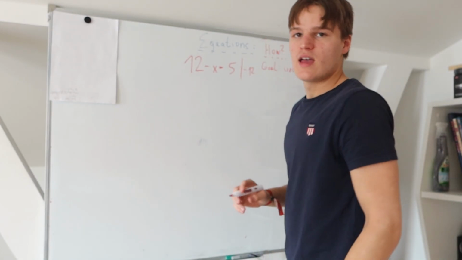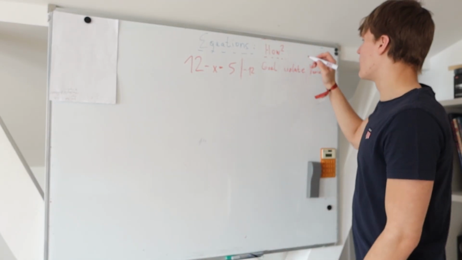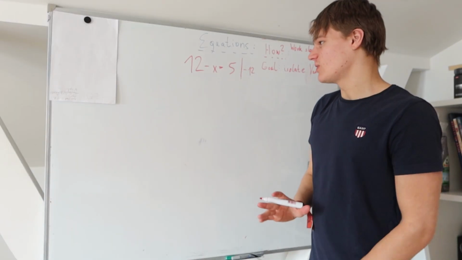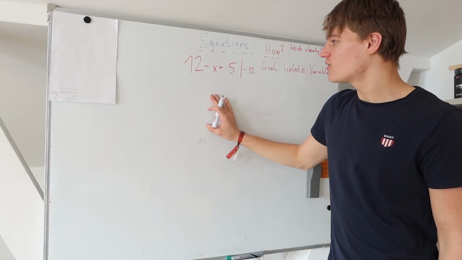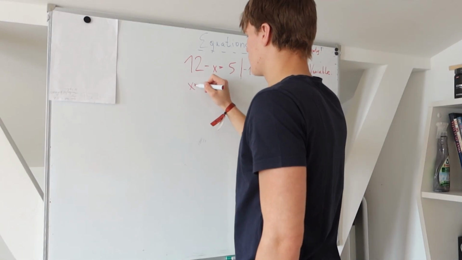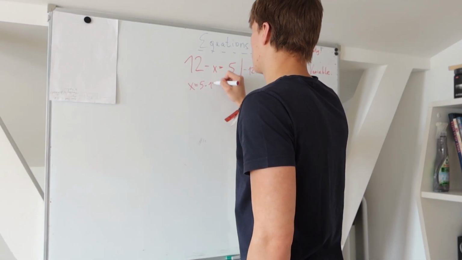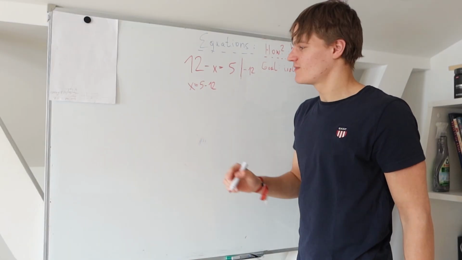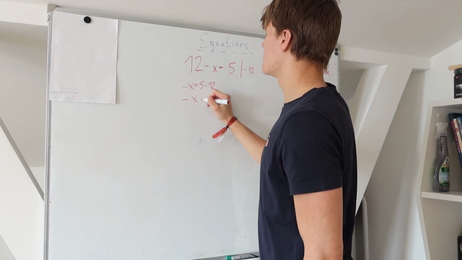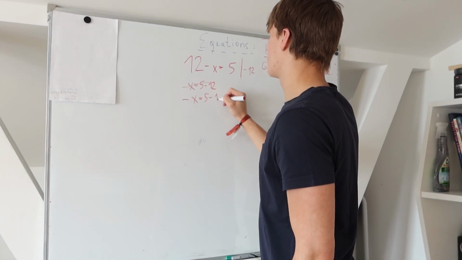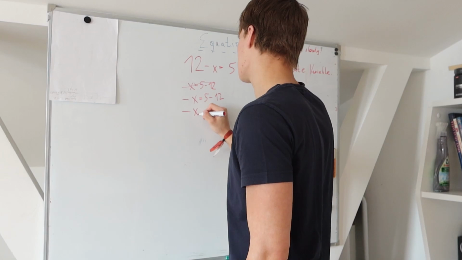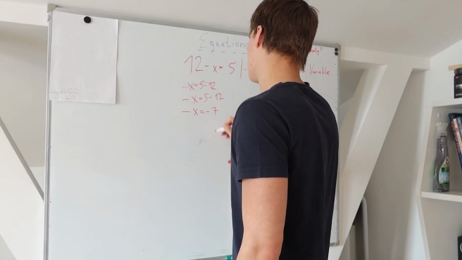That leaves us with a very important thing. Work slowly. This has to be done slowly, because one mistake that you can make in this equation will be just to write this. This is incorrect. What is correct? Minus x is equal to 5 minus 12, right? That is correct. Now, next step is minus x, and we just calculate that out, which is minus 7.